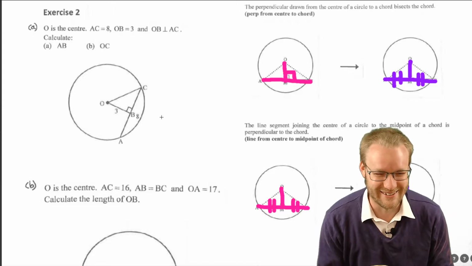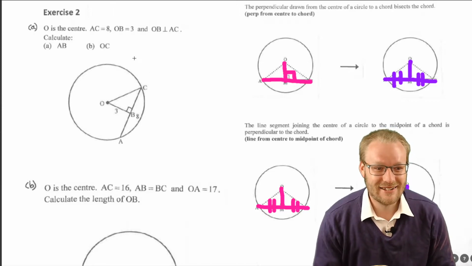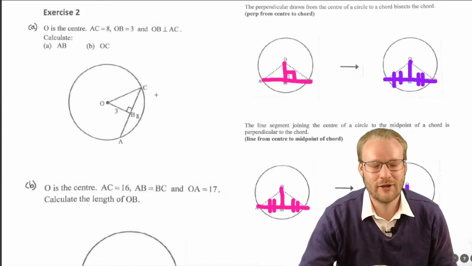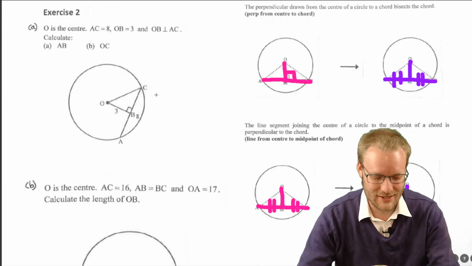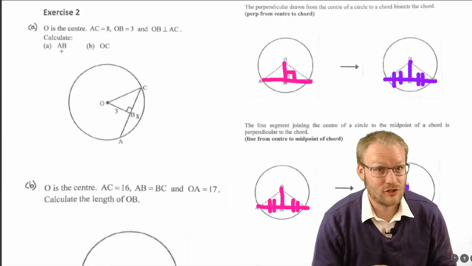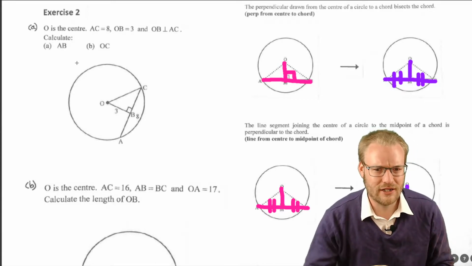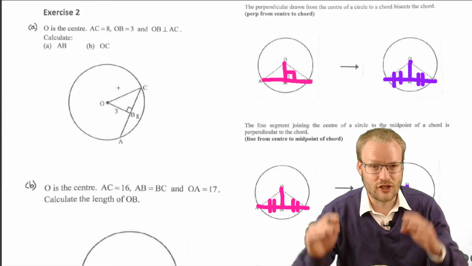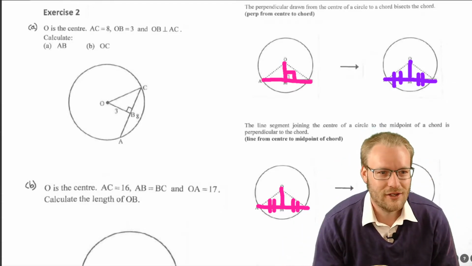Okay, these are the questions I want you to please do from exercise 2. Question A. We're just going to run through quickly how we get into these, and then you can do them and do all the formal writing down. O is the center. That's the important bit. We're given a center, a chord, and we're told that it's at 90 degrees.